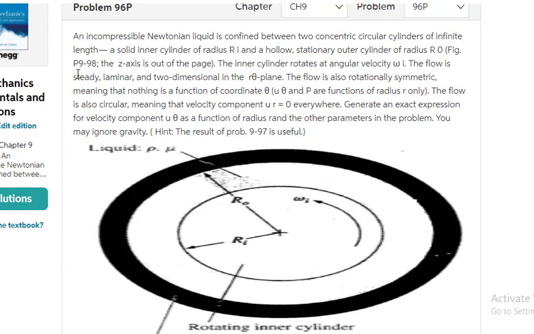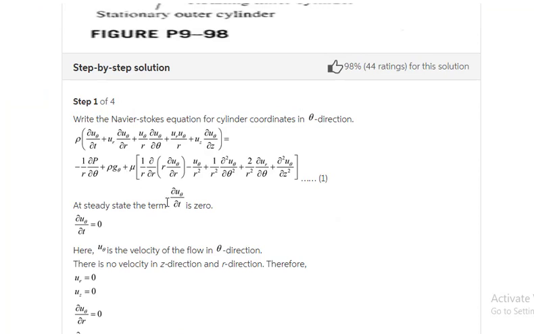Yes, here the flow is steady state, which means the partial derivative of u theta with respect to t will become equal to 0. This is given in the expression. This term will be neglected here.